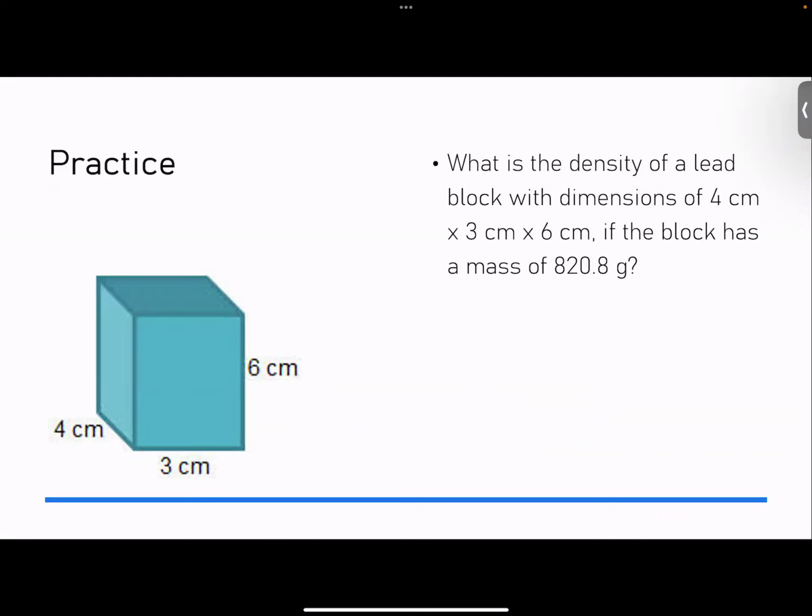What is the density of a lead block with dimensions of 4 centimeters by 3 centimeters by 6 centimeters if the block has a mass of 820.8 grams? Because this is a regular shape, we can use the equation that volume is equal to the length times the width times the height, which is the equation for volume when we're dealing with a cube or a rectangle.